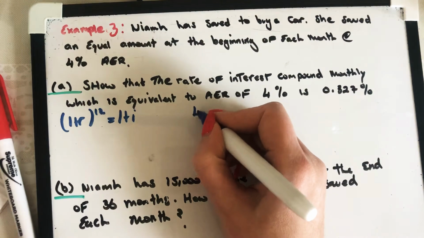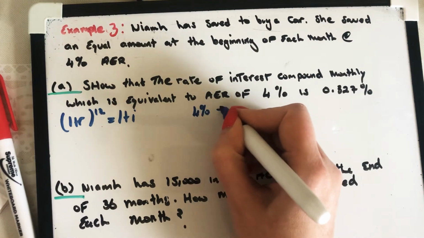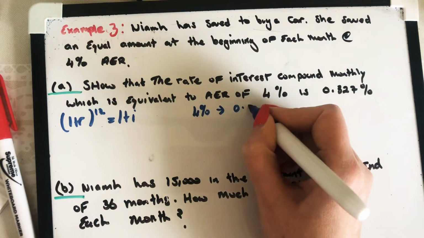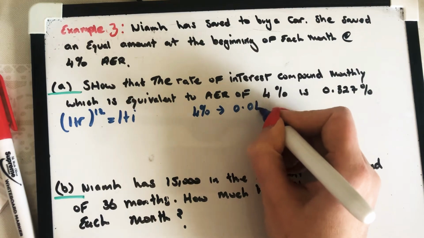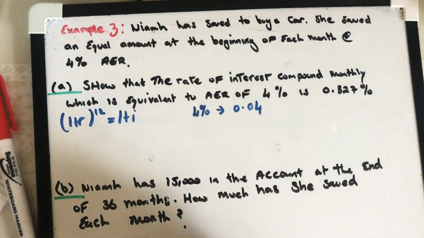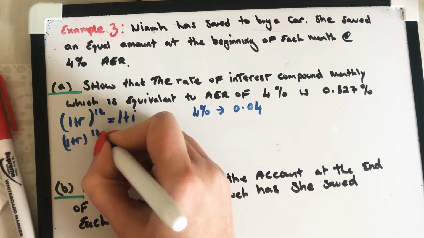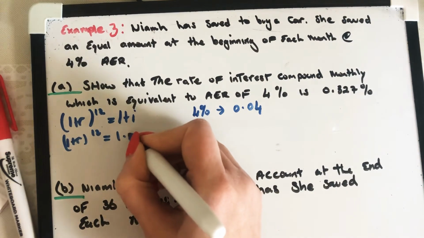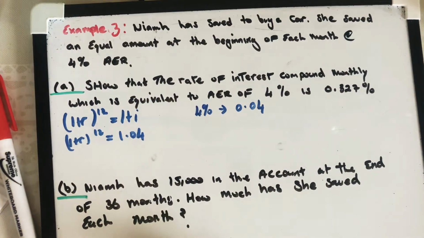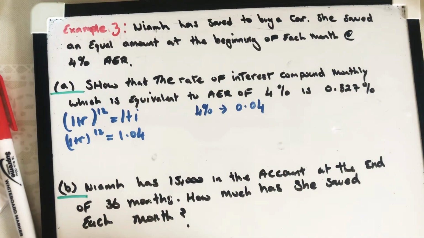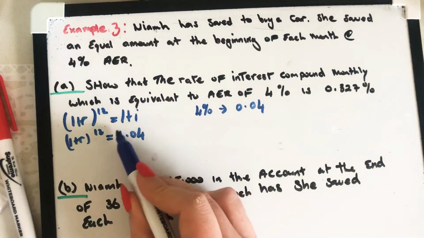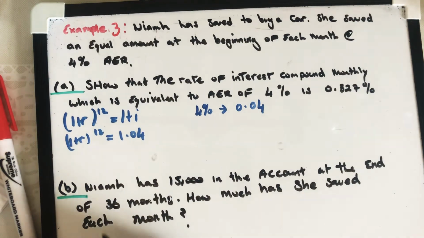So 4% is 0.04. So let's put that in. We have (1 + R)^12 is equal to 1.04. And then we're going to get the 12th root at this side in order to cancel out our power of 12.